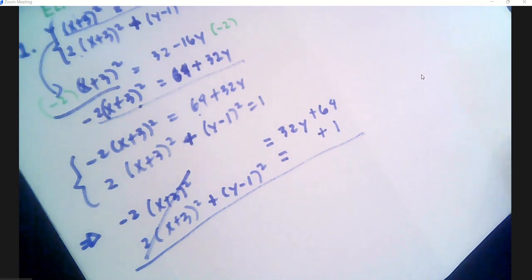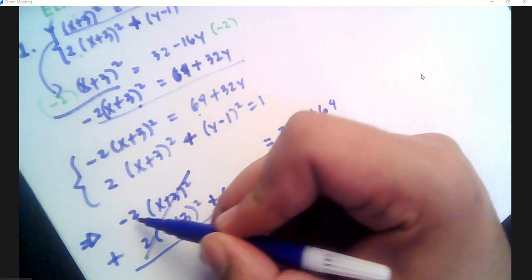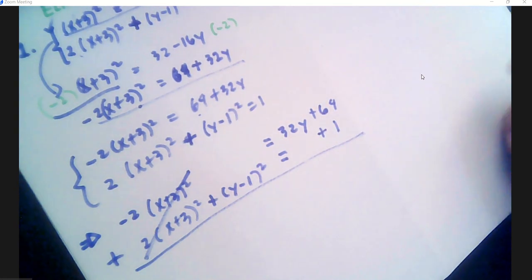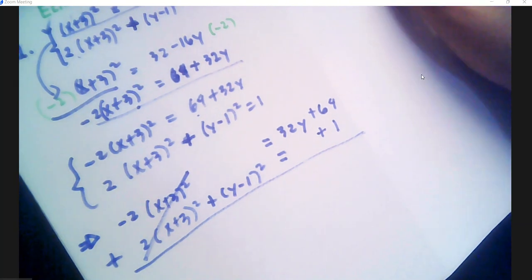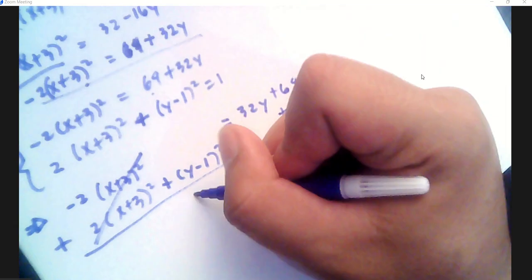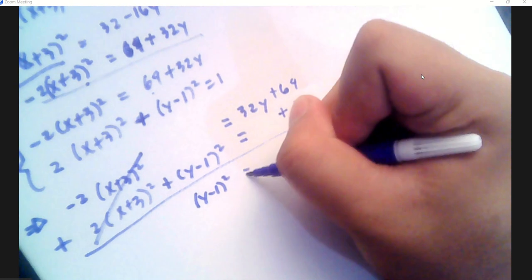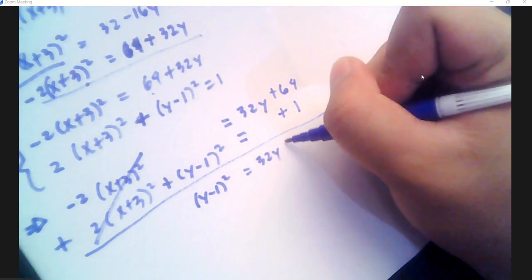So cancel, because you're going to add -2 plus 2, that's cancel, that is now 0, leaving us with y minus 1 squared is equal to 32y plus 60.